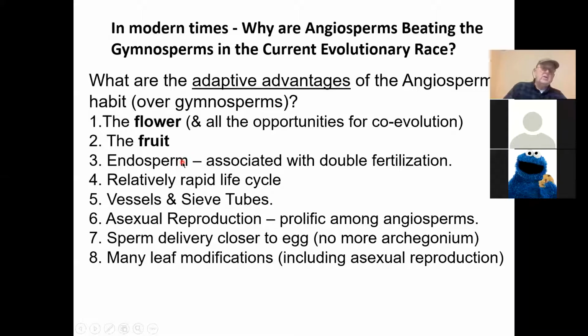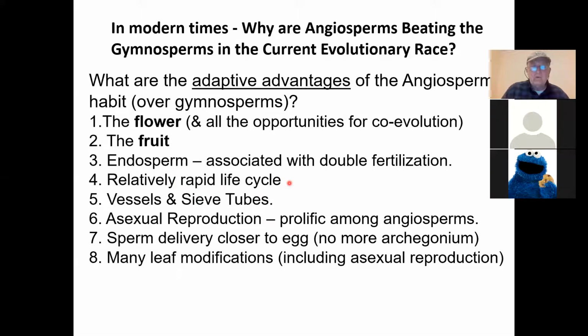So what I'm saying is the angiosperms have a nice, nutritious food source for their embryo, and the gymnosperms are feeding off the old mother tissue of the megagametophyte, a very difficult concept here. But the bottom line is that there's this food source designated for the embryo that the gymnosperms don't have, more nutritious.